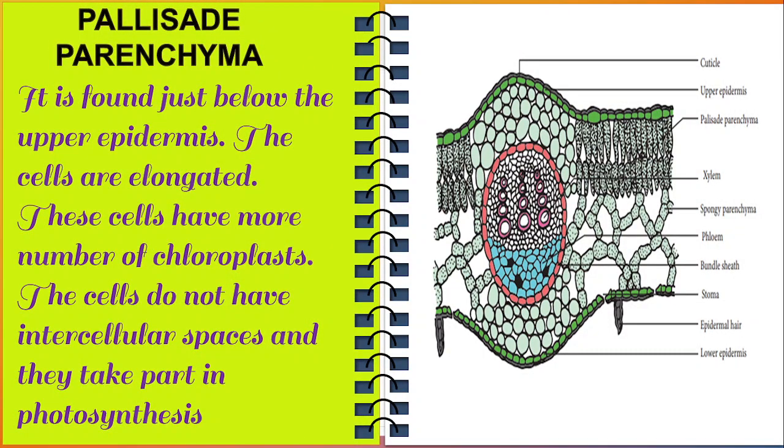First, let's see the palisade parenchyma. Palisade parenchyma is present just below the upper epidermis. See the structure of the cells: they are elongated, vertically elongated.